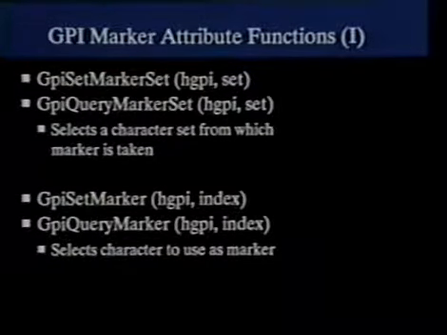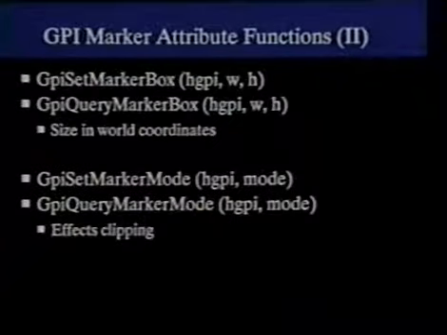The system provides a number of markers by default, all of which are things like closed box, open box, asterisks, and so forth. The attribute functions continue by allowing you to specify a size for the marker in world coordinates and a mode, where the mode tells the system how carefully you want it to image the marker.